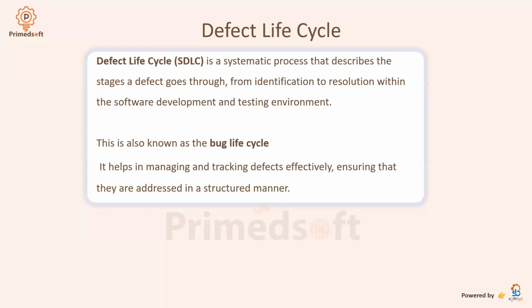You need to understand the process that every defect goes through. This defect lifecycle helps to manage and track defects effectively, ensuring they are addressed in a structured manner. Defect lifecycle is also known as bug lifecycle, so don't get it twisted. They are the same.